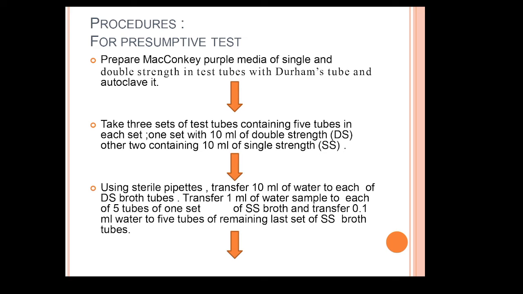Then using sterile pipettes, transfer 10 ml of water to each of the double strength broth tubes. Then transfer 1 ml of water sample to each of 5 tubes of one set of single strength broth, and transfer 0.1 ml water to 5 tubes of the remaining set of single strength broth tubes.